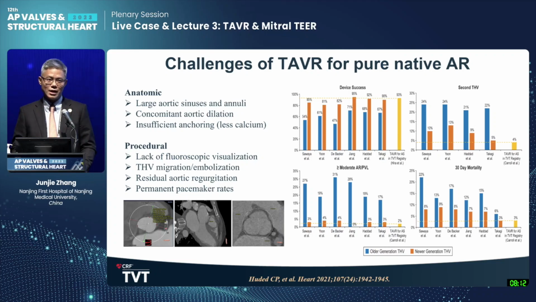Thanks to the new generation valves, compared with the first generation, the new generation valve treating aortic regurgitation was associated with a high rate of device success, a low rate of second valve implantation, less moderate PVL after the procedure, and a lower rate of 30-day mortality.